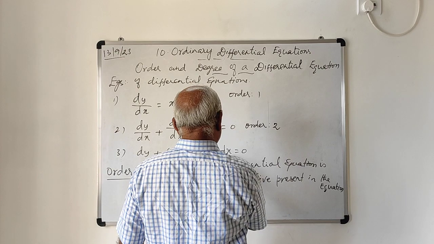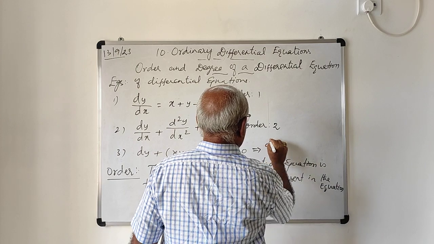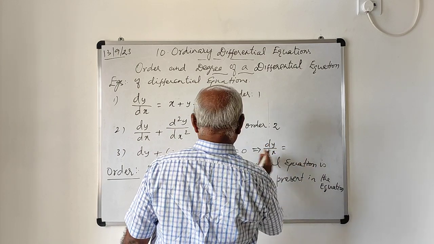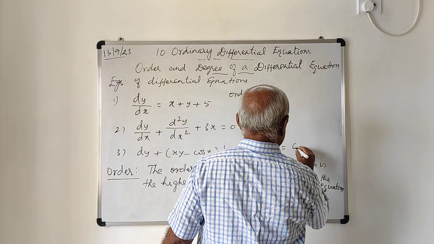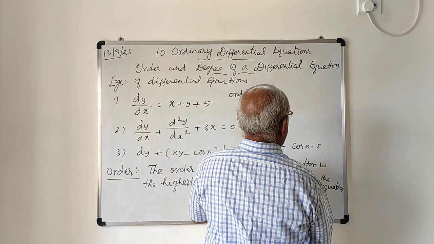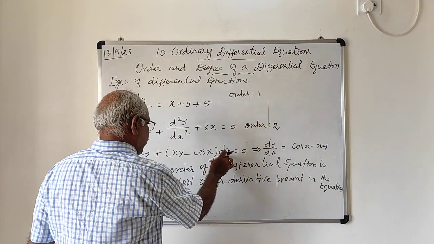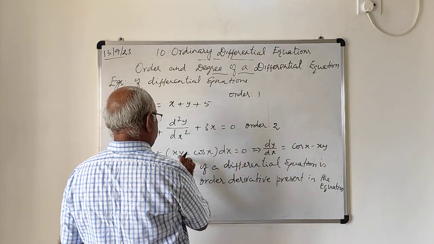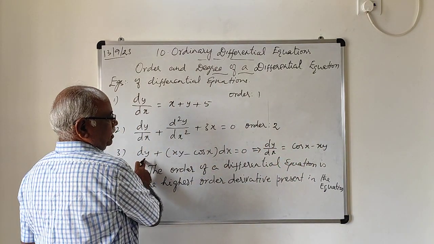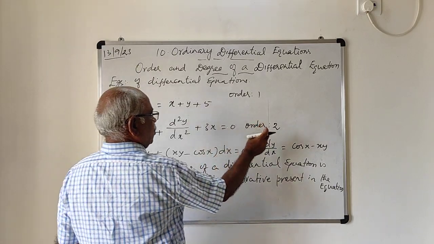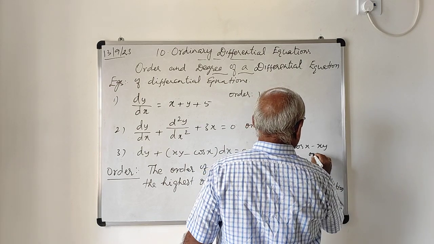This equation can be expressed as dy by dx equal to, you take that term to the right hand side, xy minus cos x becomes cos x minus xy. So dy by dx equal to cos x minus xy. So the order of this equation is 1.